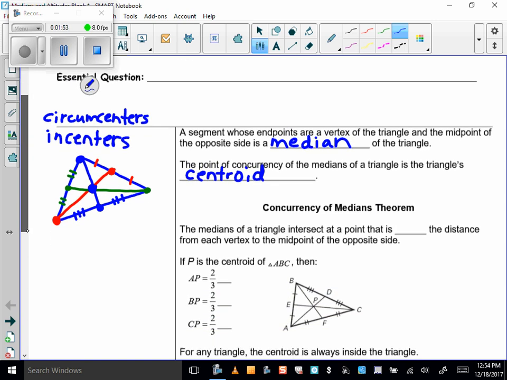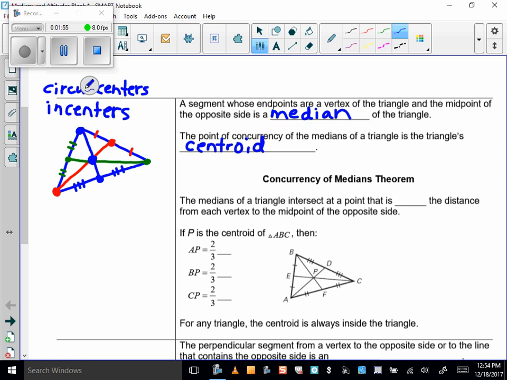And interestingly, you remember how I told you there's so many fascinating things in this unit? This centroid is also called the balancing point of the triangle.